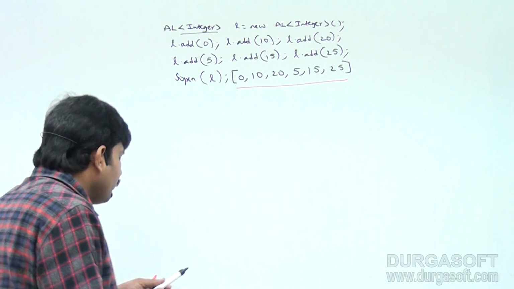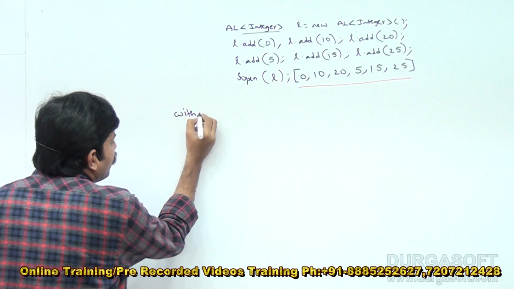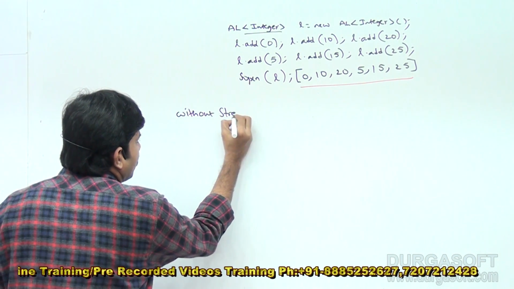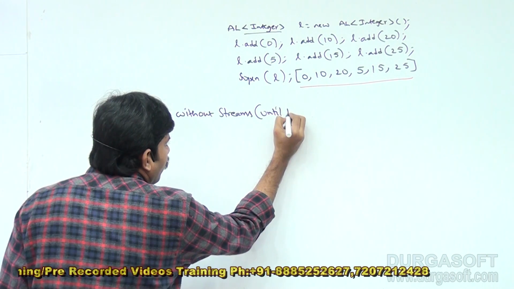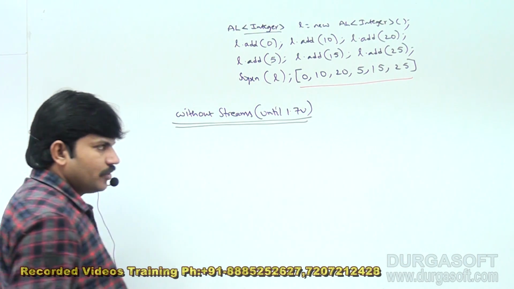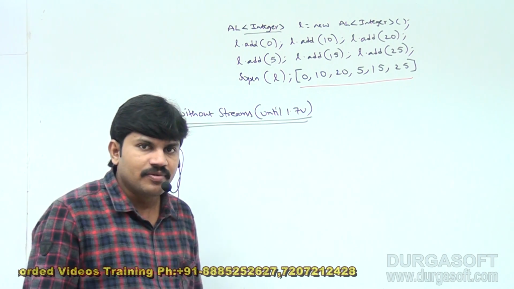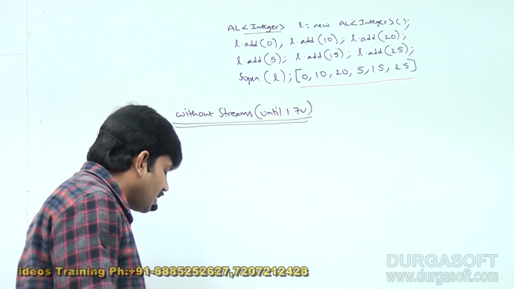Now I will explain without the streams. I don't know about the Streams concept. Without the streams, until version 1.7, what was our style of coding? With the Streams concept, from version 1.8 onwards, what is the difference? I will explain. Basic idea.